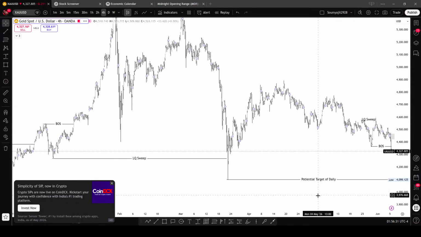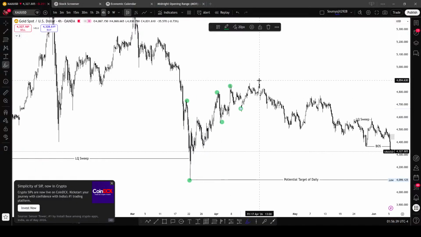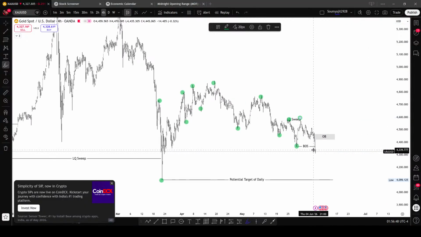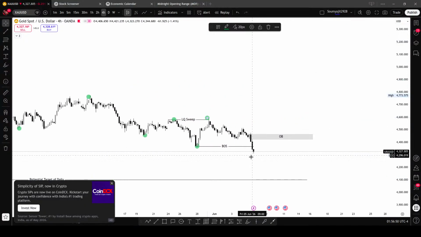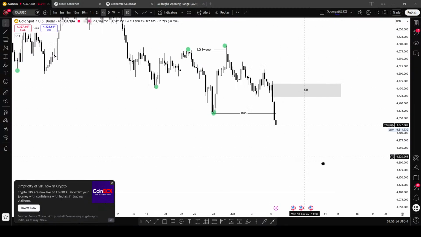We can see that these were the higher highs and higher lows that were formed in this particular time frame. So this might be a potential low now, but we have to see what happens.